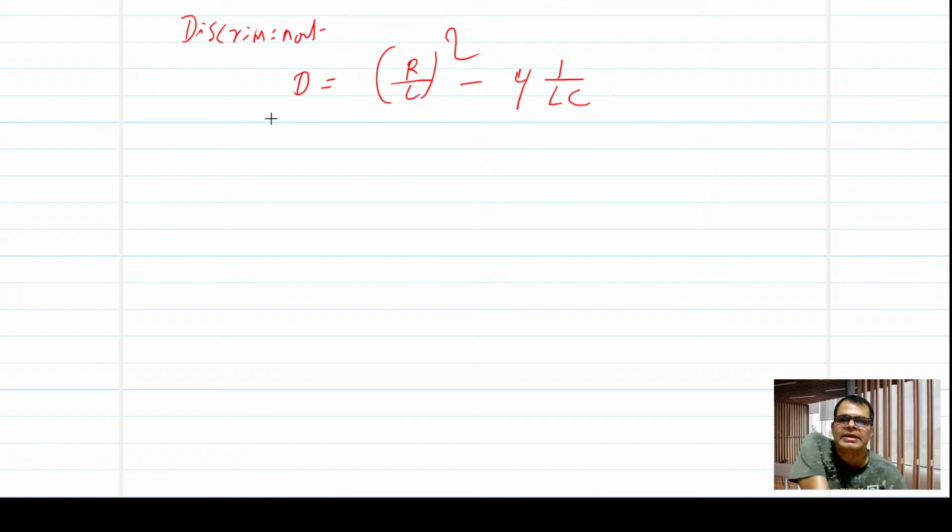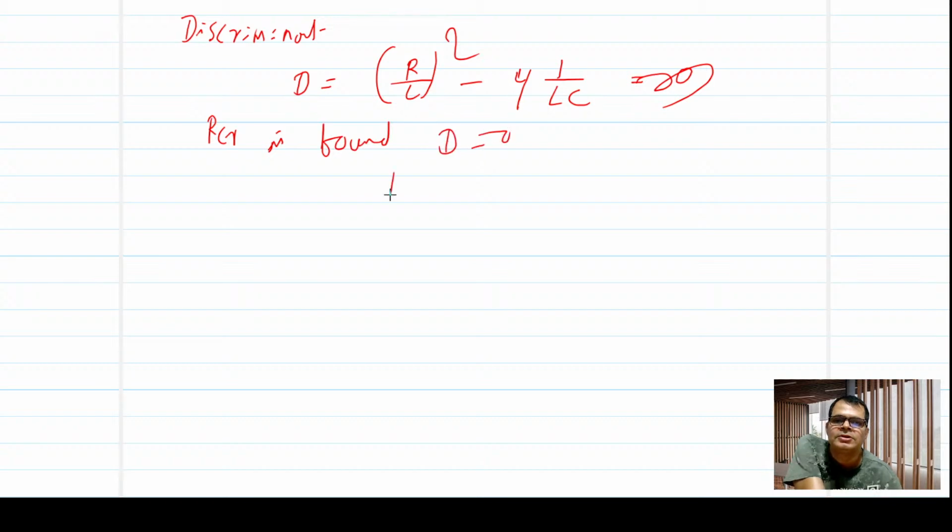The critical resistance is found when we equate D equal to 0. So R critical upon L, whole square, is equal to 4 upon LC.